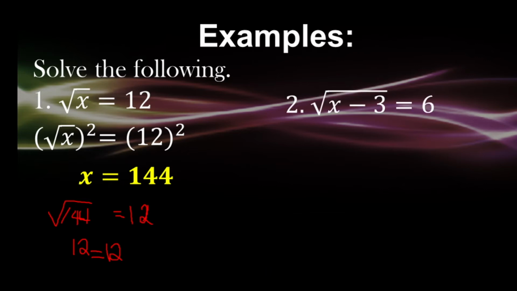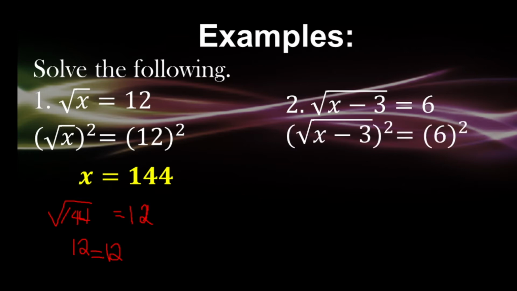Next, square root of x minus 3 is equal to 6. The radical expression is already isolated on one side of the equation, so just like in number 1, we need to square both sides of the equation to eliminate the radical sign.